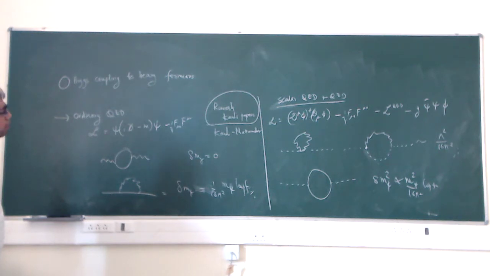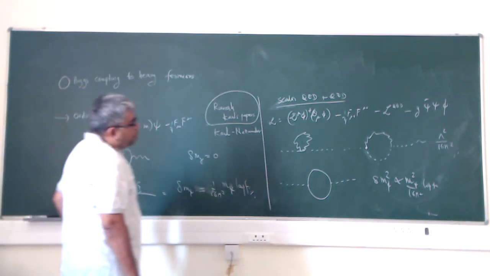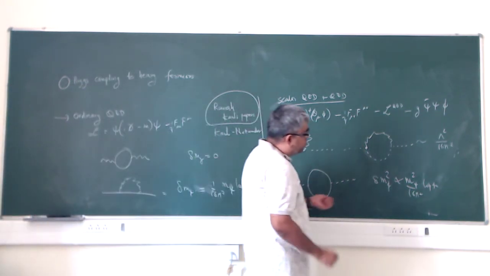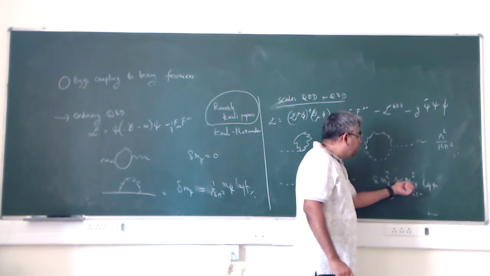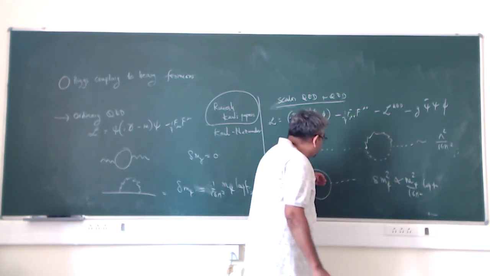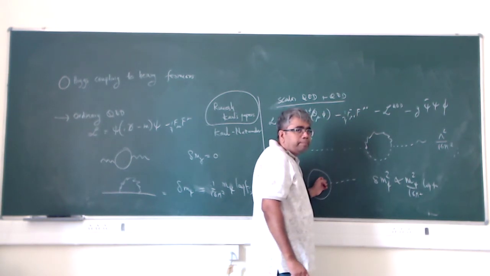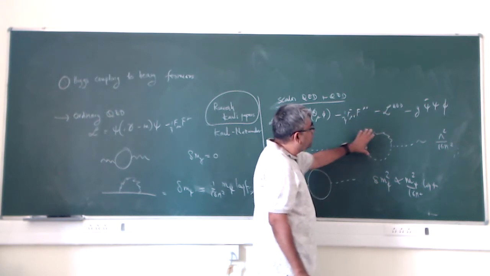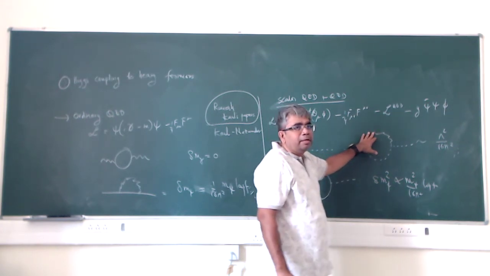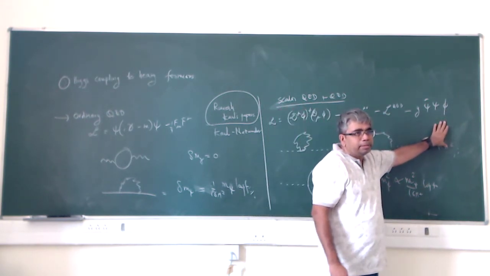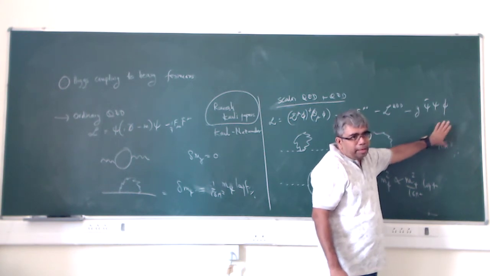So if a scalar theory is not protected by any symmetry, radiative corrections will always push it, or it will always be sensitive to the highest mass scale in the theory. If it couples to a heavy fermion, you can say you will use dimensional regularization and somehow renormalize this. Okay, agreed.